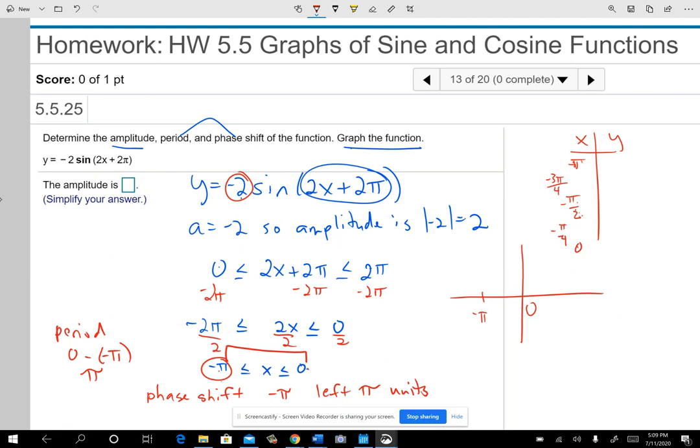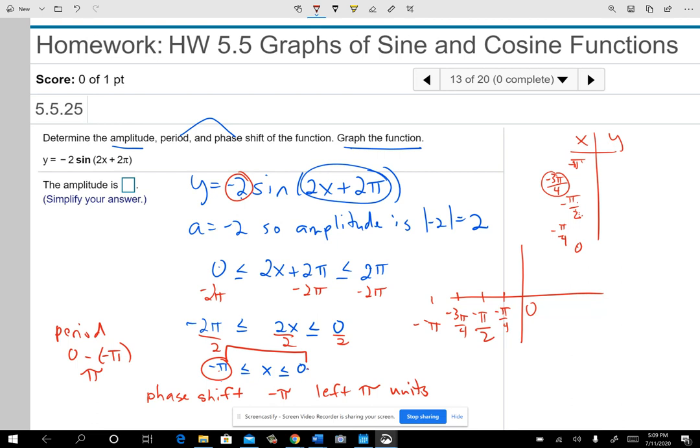You can add those two up and divide by 2 to get these, or you can look at the graph. Let me stretch that out a little bit and make -π over here. So this would be -π/4, this would be -3π/4, and here's your -π. One full cycle of the sine graph should happen between there.